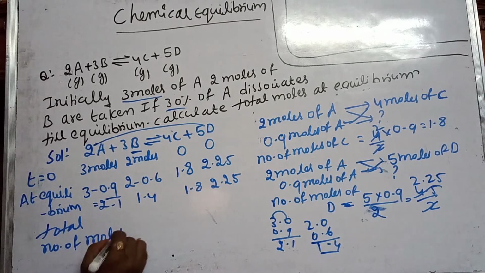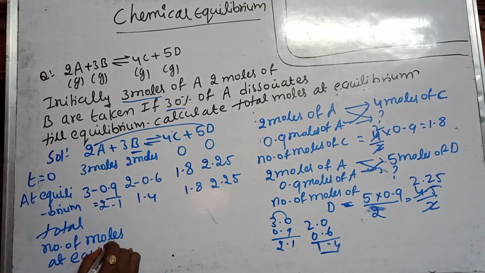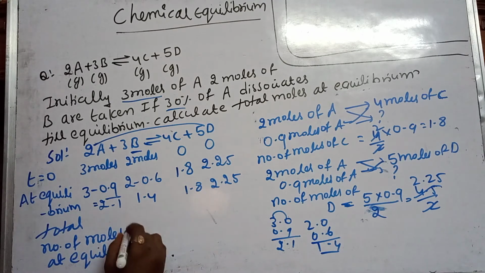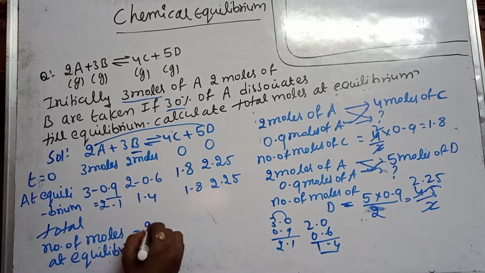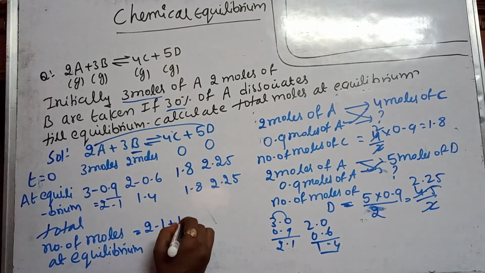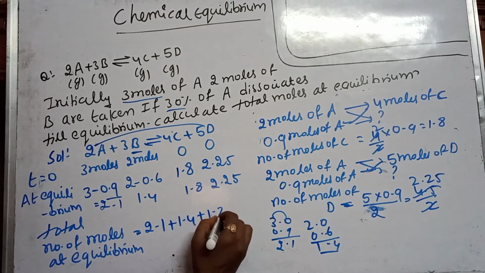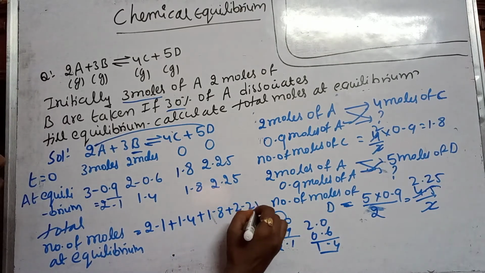So the total number of moles at equilibrium is equal to adding all these: 2.1 plus 1.4 plus 1.8 plus 2.25.